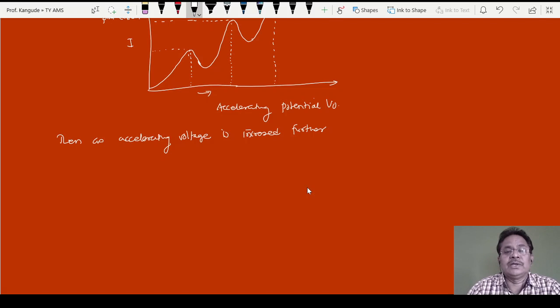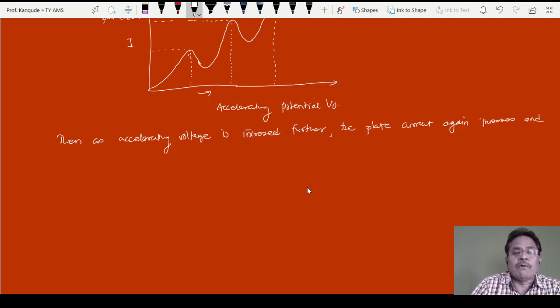Then as the accelerating voltage is increased further, the plate current again increases and falls after a certain value.